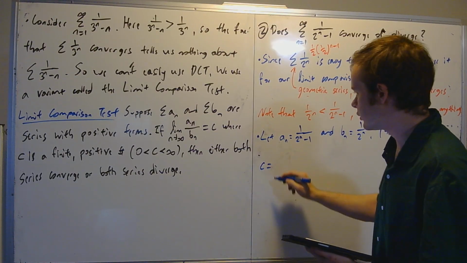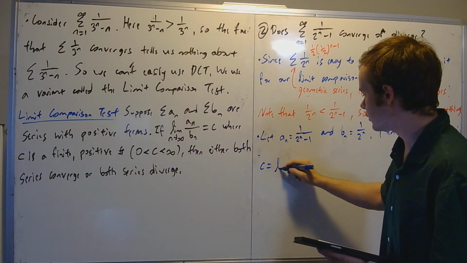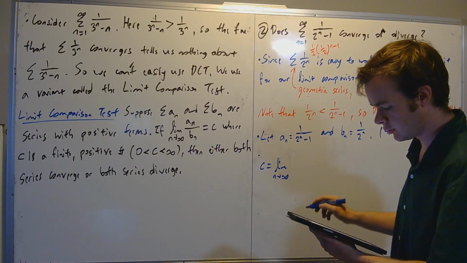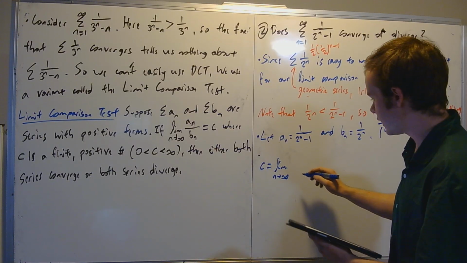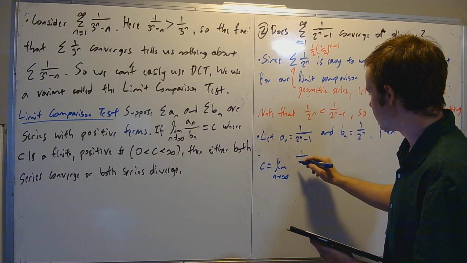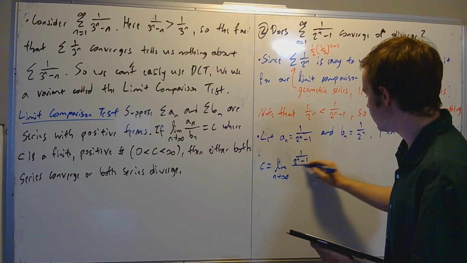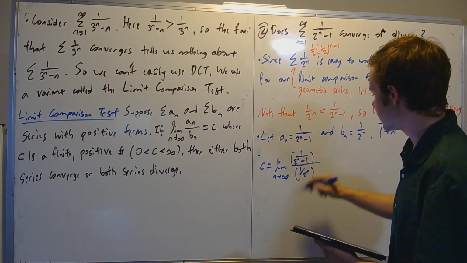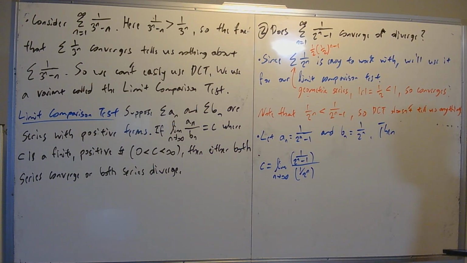c is going to be, as we said here, the limit as n goes to infinity of a_n over b_n, so 1 over (2 to the n minus 1) over 1 over 2 to the n, right? I often write the parentheses just to make it clear what we're doing with this fraction.